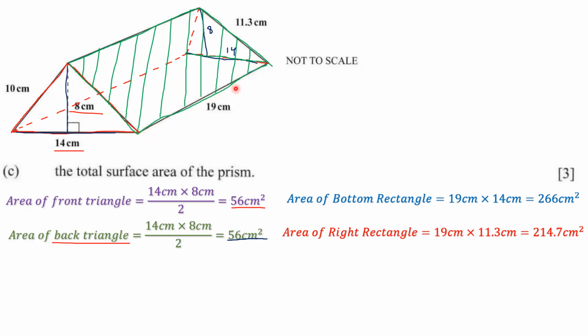And then its width is going to be 11.3 centimeters. So length is 19 centimeters and width is 11.3. And so that's how we get 214.7 centimeters squared. That's the area of the rectangle on the right. Okay, let's move on. Now we want the area of the rectangle on the left.